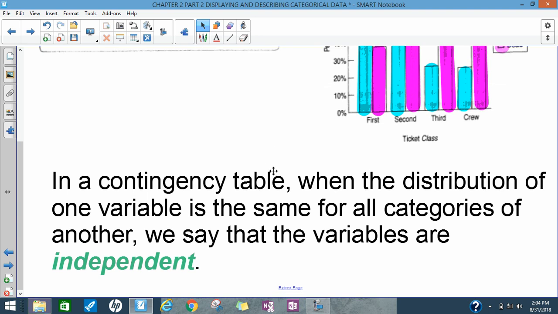So that brings up an important idea that in a contingency table, or if we looked at the side-by-side bar chart, when the distribution of one variable is the same for all the categories, then we can say that those things are independent. That means that one didn't influence the other.